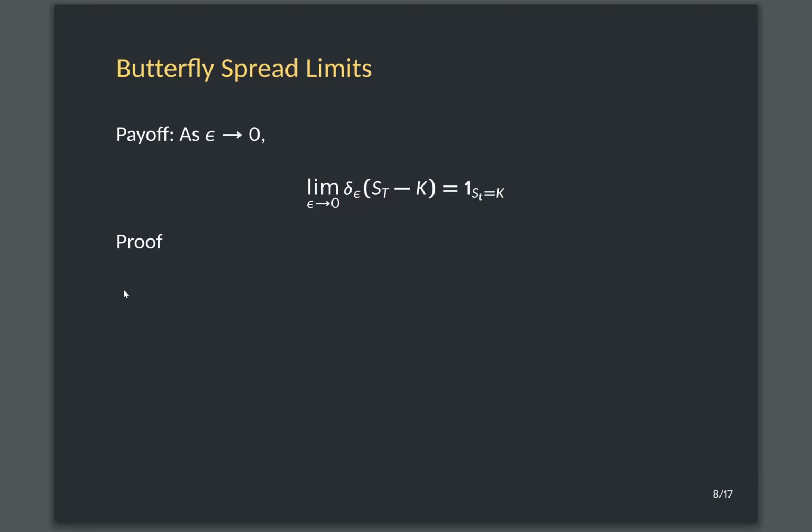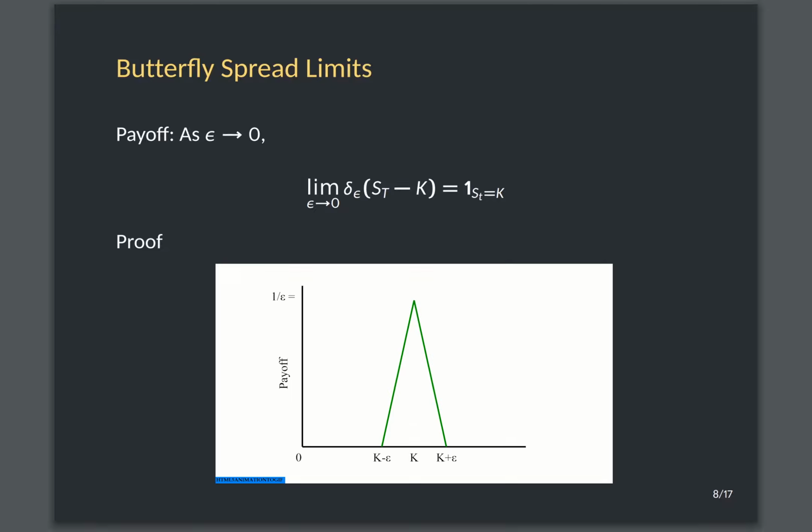We're interested to see the behavior of the payoff function in the limit that the width of the butterfly spread goes to 0. That is, when epsilon goes to 0. We claim that the payoff of an infinitely narrow butterfly spread as epsilon goes to 0 is the Dirac delta function at S_T minus K. That is, the payoff function of an infinitely narrow butterfly spread is 1 when the final price is K and 0 otherwise.